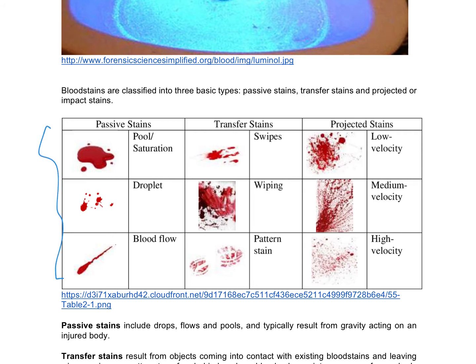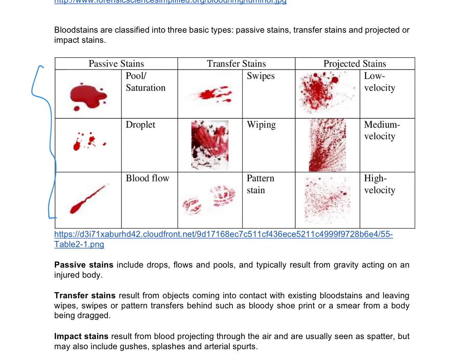Transfer stains are a result of objects coming into contact with the existing blood stains and leaving wipes or swipe patterns, such as bloody shoe prints or smears from a body being dragged. So like your hand accidentally swipes over it, or you use something to wipe, or your shoe steps on it and then you transfer the blood stain pattern to another place.